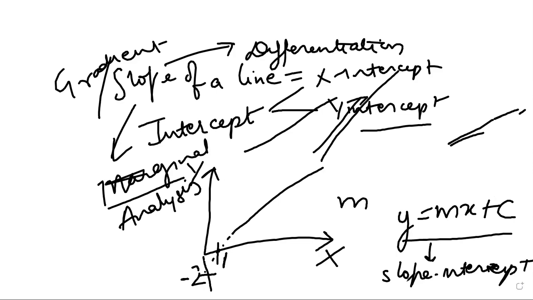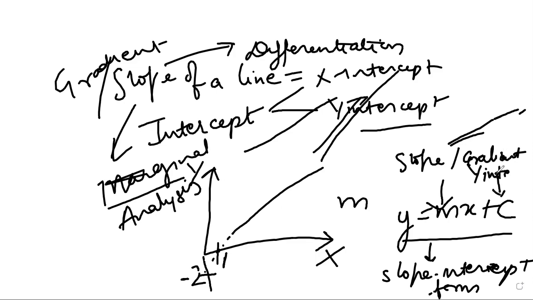Here m, which we already know, is the slope or the gradient, and c is the y-intercept.